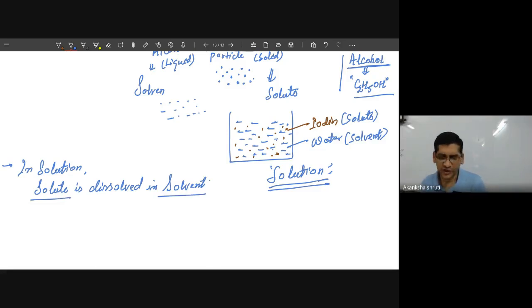The amount of solute may differ because, say, all of you are asked to form a sugar solution, say a sugar and water mixture.